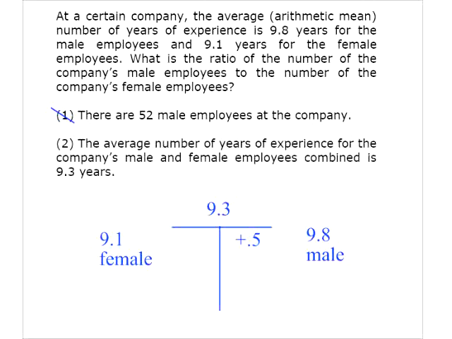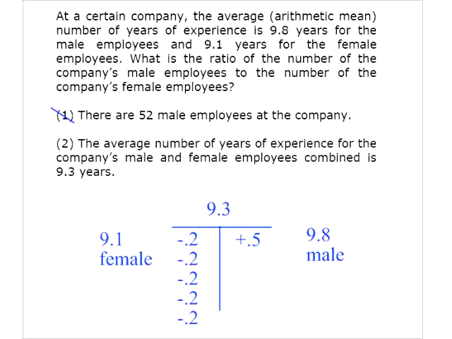This is minus 0.2. And so again, we think, what's the least common multiple? It's skewed towards the female because it's closer to the female than the male. It's not perfectly in the middle. And so we need these sides to balance out, but we have to work with -2 and +5. So we think of the least common multiple, which in this case is 10.